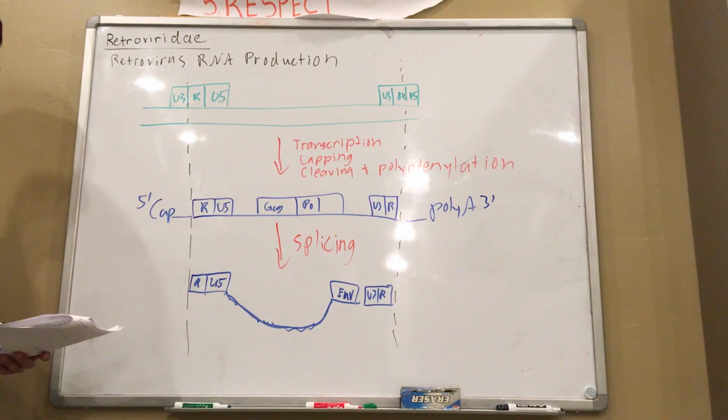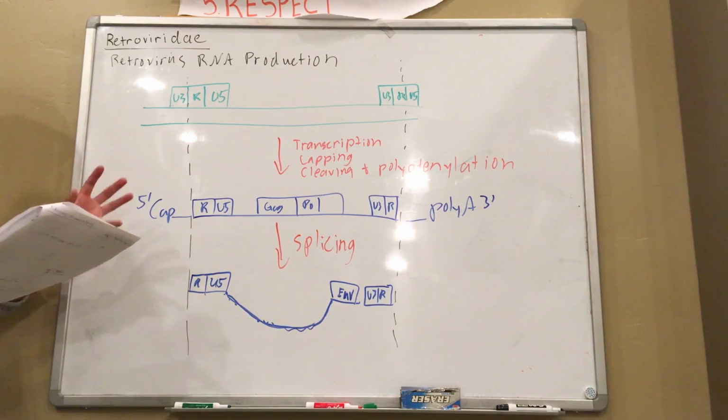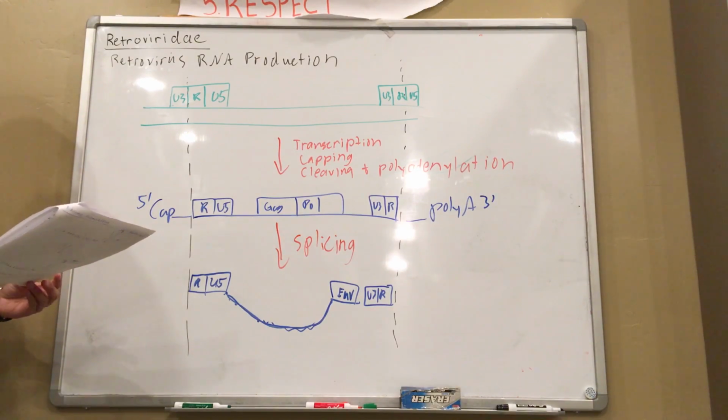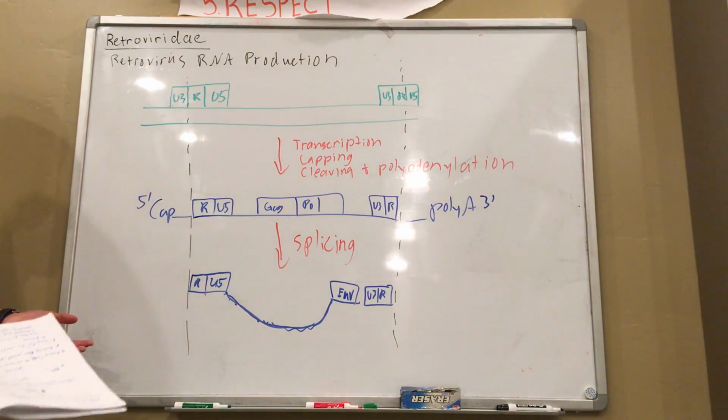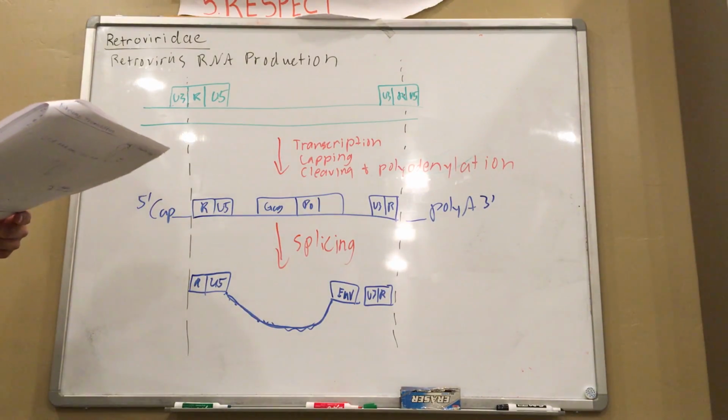Now, GAG and Pol come as a fusion because when they are together as a fusion RNA, it allows for proper proportion of GAG proteins to Pol, to polymerase proteins.